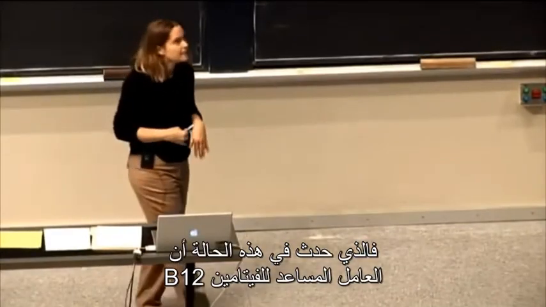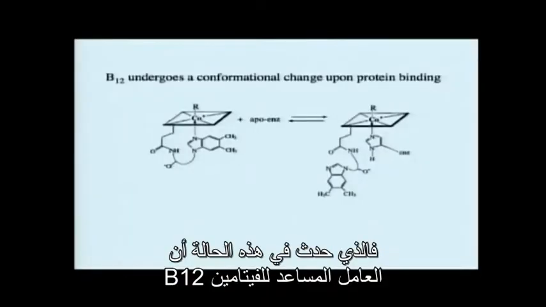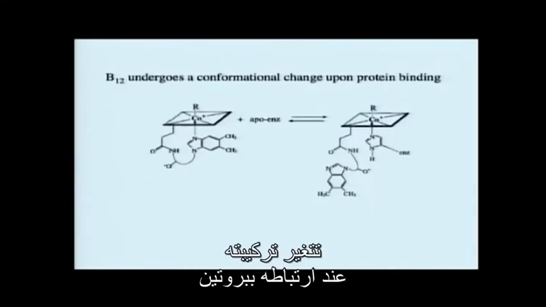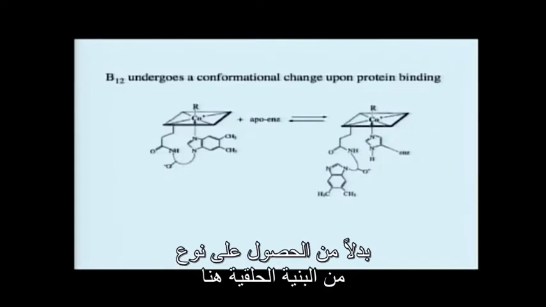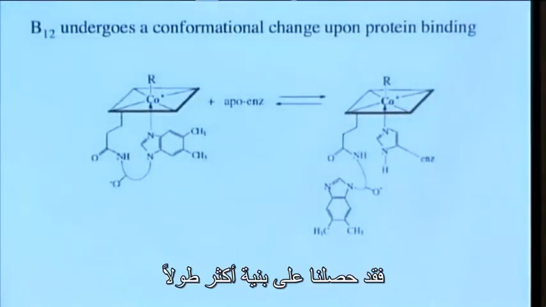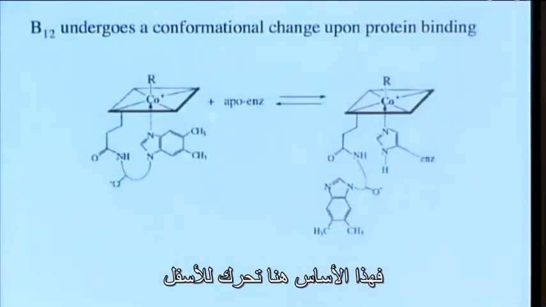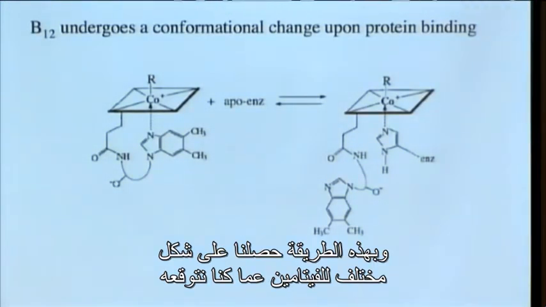What happened in this case was that the vitamin B12 cofactor had changed its conformation when it bound to the protein. Instead of having this sort of loop structure here, it had more of a tail. So this base here had moved down, and there was a different shape to the vitamin than had been expected.